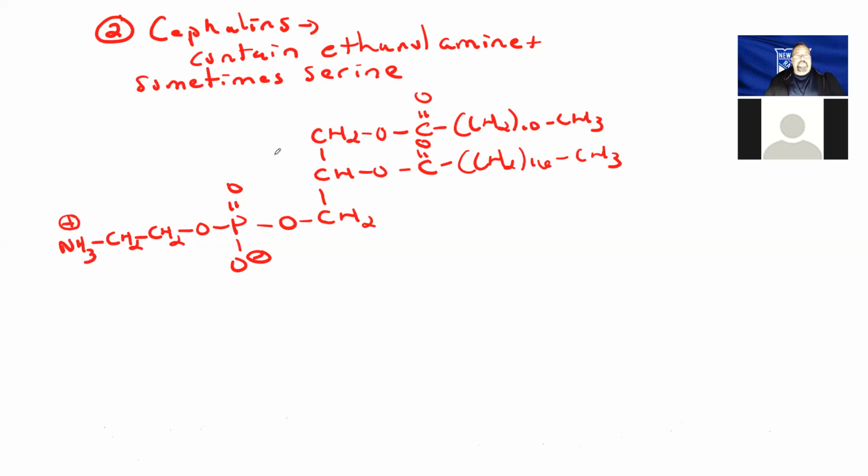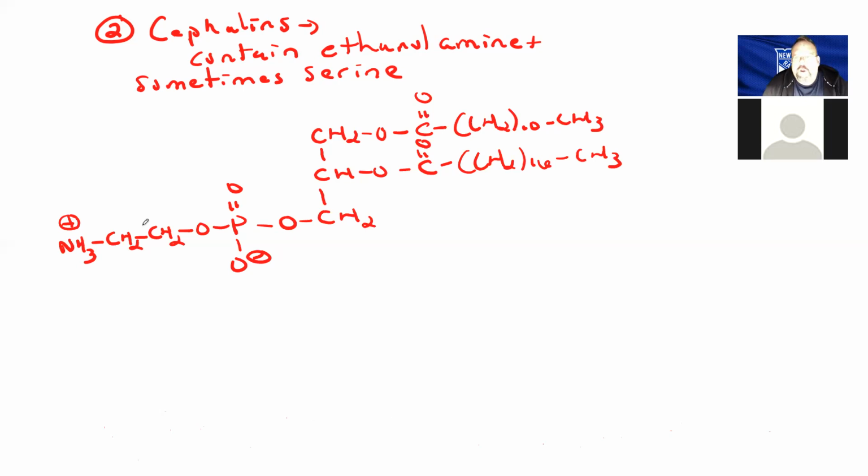So if we look at the structure here, we recognize it as a triacylglycerol. We look at the amino alcohol component, and what amino alcohol does that look like? That amino alcohol looks like ethanolamine. So once you recognize that, you recognize this glycerophospholipid as a cephalin.